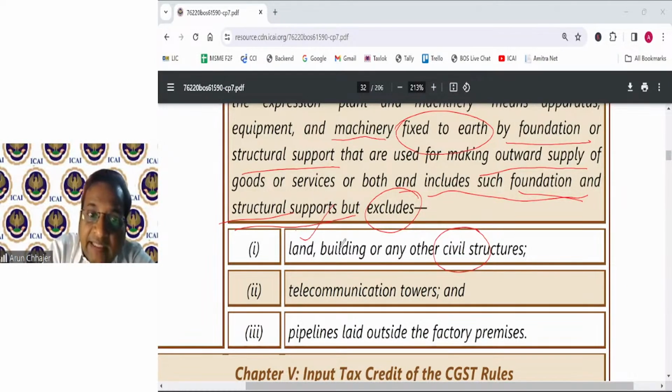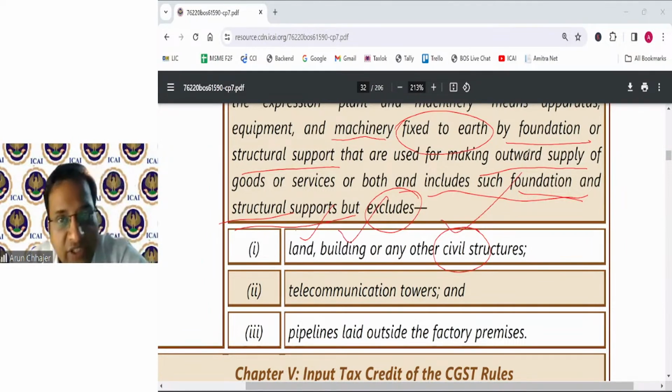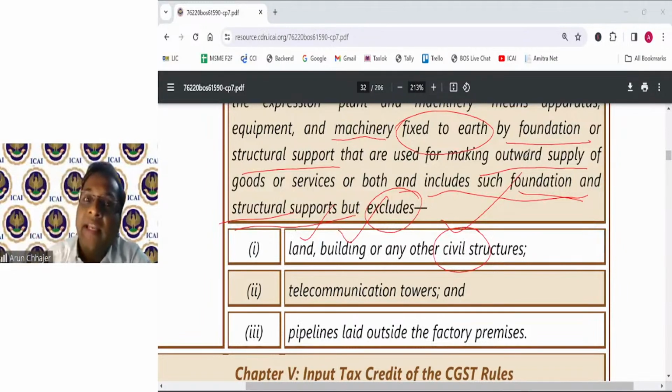If any land, building or any other civil structure is being required for plant and machinery, then it will not be called plant and machinery. You cannot take the ITC of these civil structures.